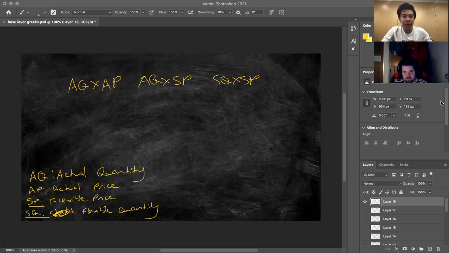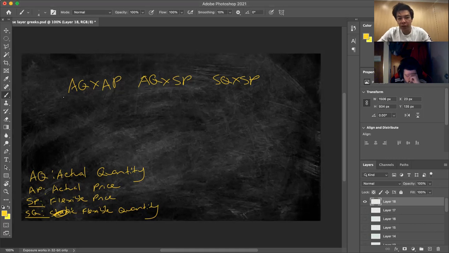The quantity is going to be the total amount of units. Total amount of units here is going to be 23,280. And then the AP is going to be the cost per unit, so it's going to be $2.4.